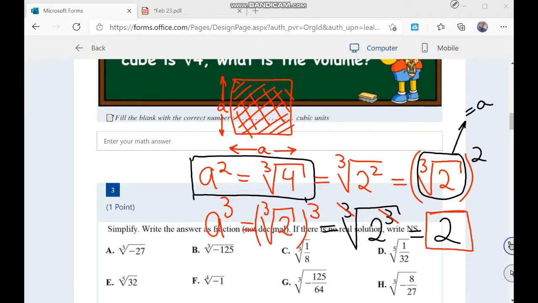That is the right answer. A cubed is cube root of 2 cubed, and after the simplifications, you find the volume equals 2 cubic units. 2 is the right answer.